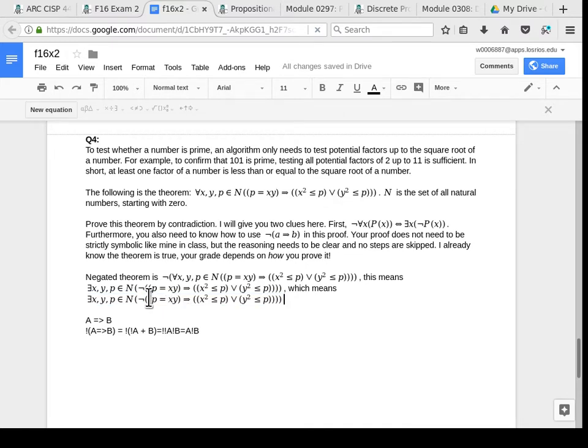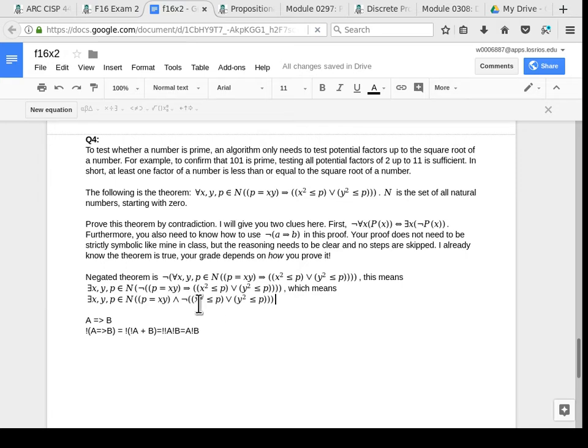We also get rid of the implication because we change everything to a conjunction. The entire part B is negated, so we put a negation here. The rest is a matter of matching the parentheses: open, open, close, open, open, close, open, close. I think we probably got the right parentheses at this point.